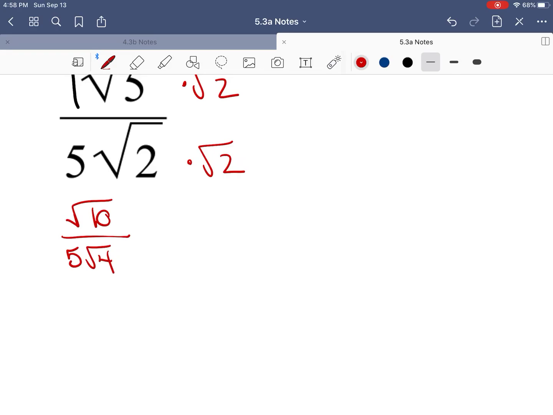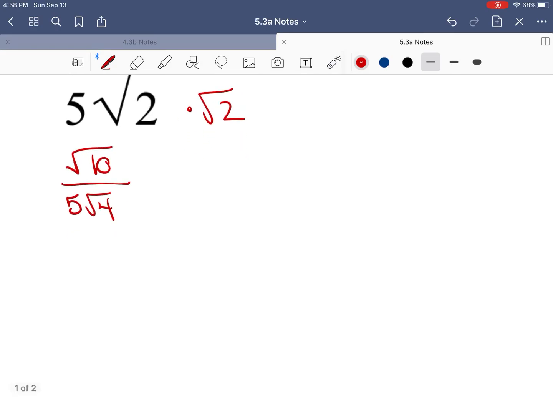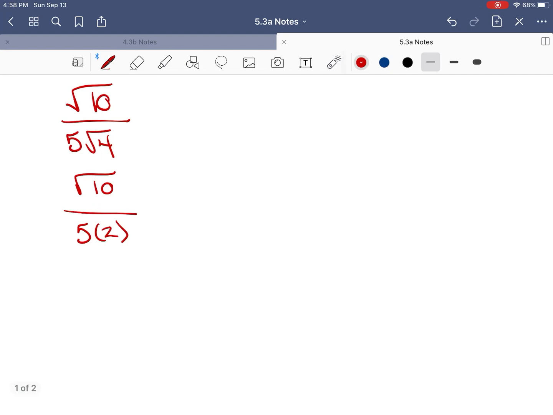Root of 10 has no perfect square that goes into it, so we're left with root of 10 over 5, and the square root of 4 is 2. Continuing to simplify, root of 10 over 10. At this point, you might think, those are the same number, we can reduce. Well, no, you can't, because in our numerator there is a radical, and again, radicals with radicals, coefficients with coefficients.